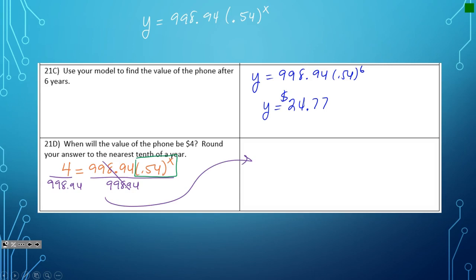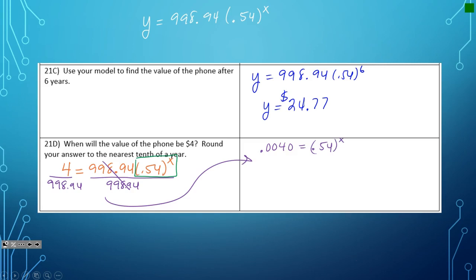So if I divided 4 by 998.94, I'm going to round this to 4 decimal places. I would get 0.0040, and that would equal 0.54 to the x. Now I can put this into logarithmic form.